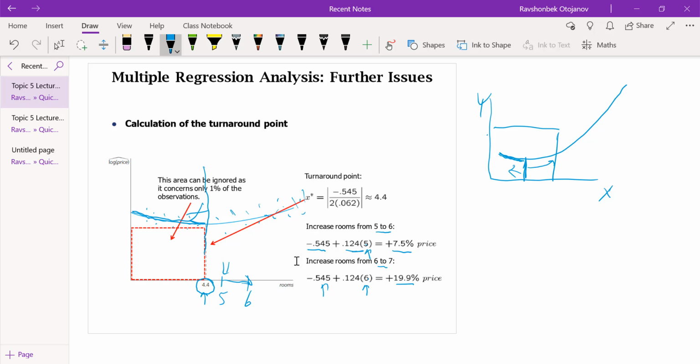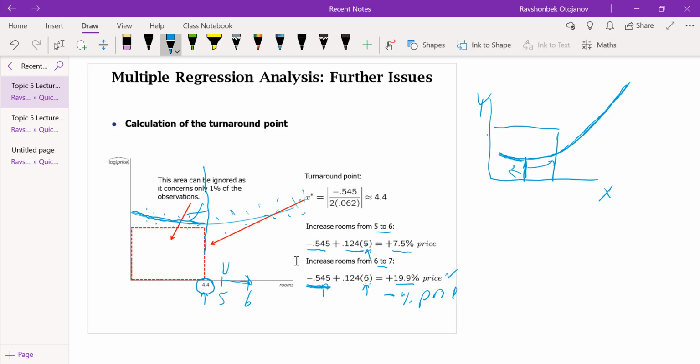So it's basically the case of an accelerating impact, increasing marginal returns to changes in x. As we add more rooms, the effect on price will be higher. That makes sense: the larger the house, the higher the price. Given this negative beta 1, we should be careful, because if you increase the rooms from 3 to 4, then you will get a negative percentage change in price.